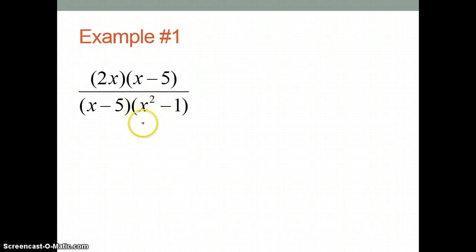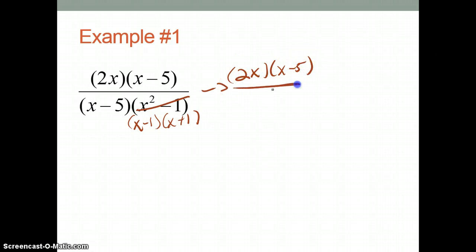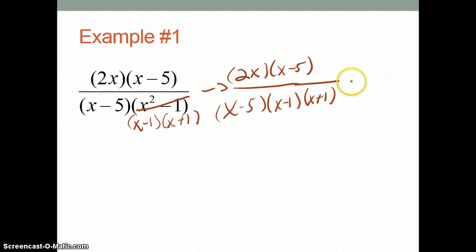The difference of squares says that x squared minus 1 can be factored into x minus 1 and x plus 1. So instead of this term, now we have this, and I'm going to rewrite it to the right side. Notice I'm keeping everything in parentheses to keep everything separate. So I take that and factor it and continue on with the process.